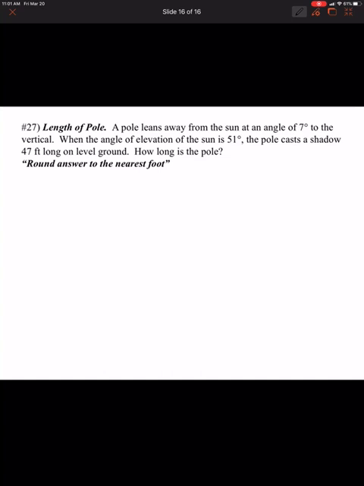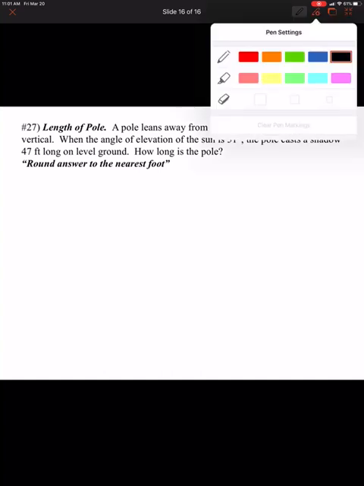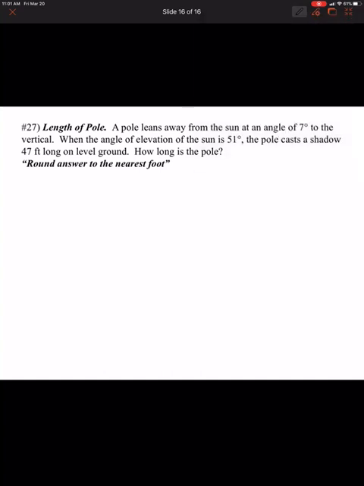So again, let's get a picture as we read through this word problem. We want a visual of what we're given. So we've got a pole which is leaning 7 degrees off the vertical. Let's draw in the ground here, and then draw a vertical.